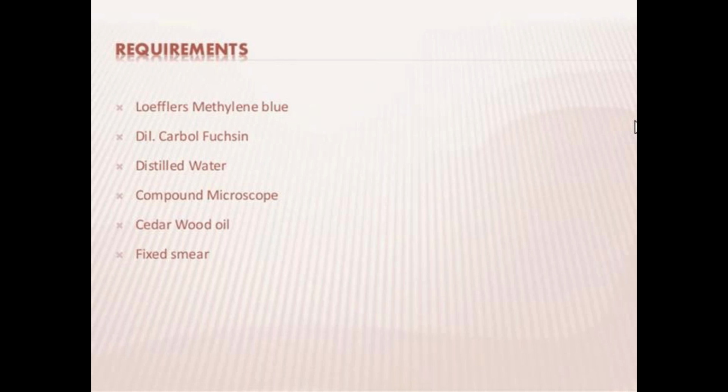First, the requirement for the staining technique is the smear preparation, that is, the fixed smear. And to observe these stains, a compound microscope can be used. Sometimes we have to enhance the magnification, and that magnification is enhanced by using oil.